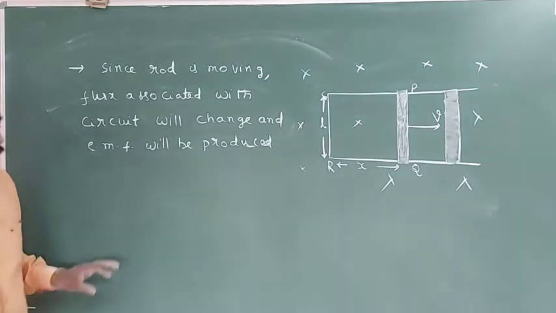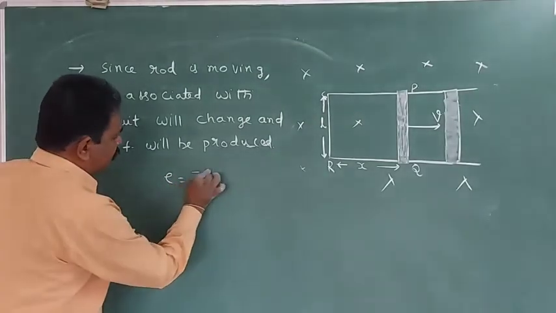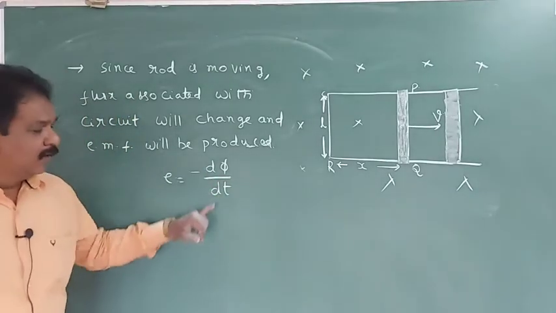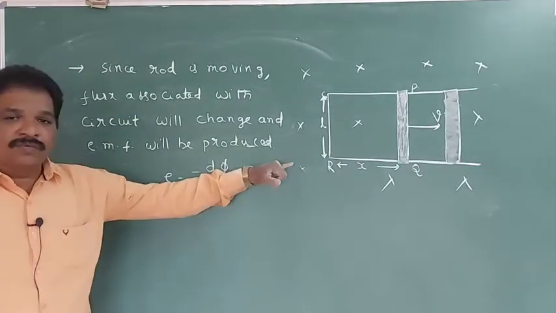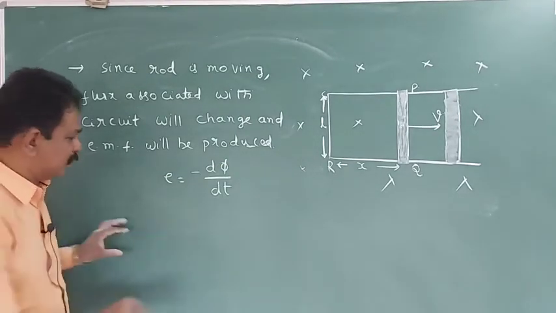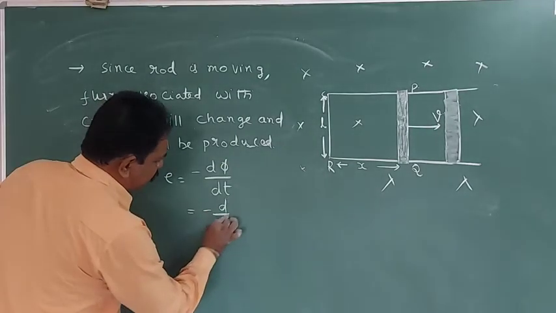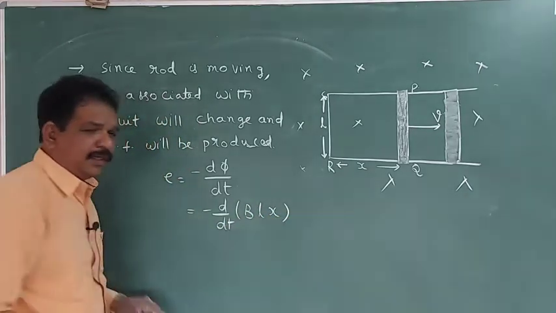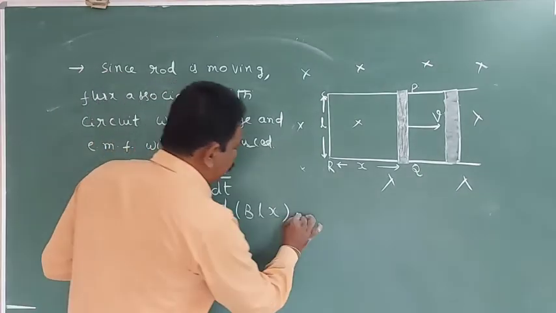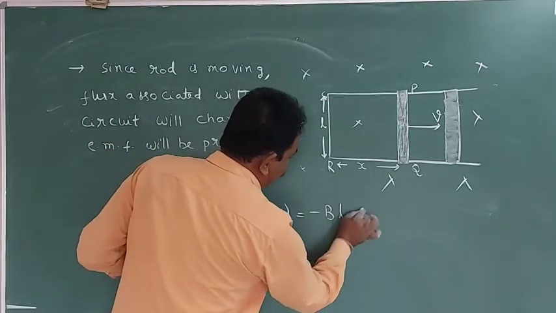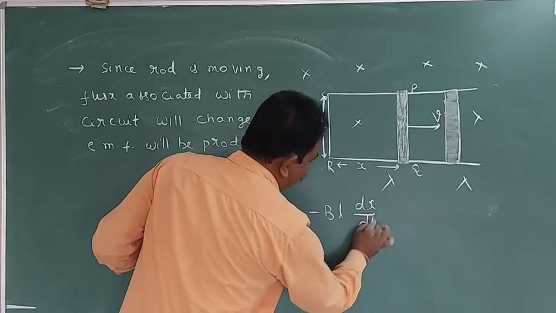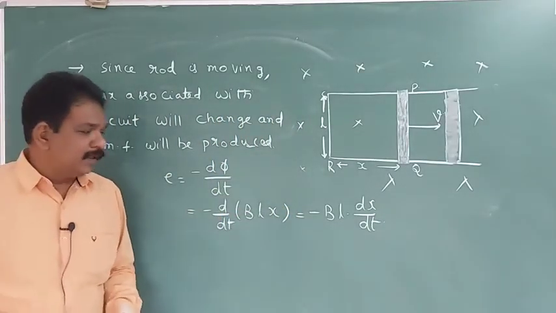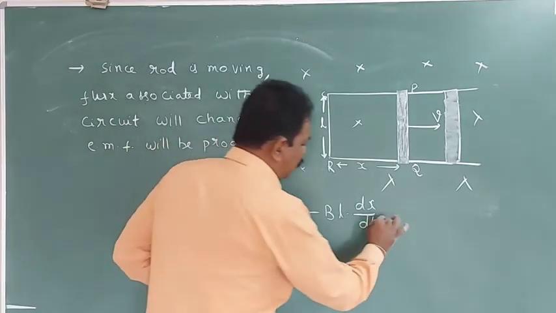So what is the EMF induced? E is equal to minus dΦ by dt. Φ we already wrote as BLx. So E is equal to minus d by dt of BLx, so this value is minus BL into dx by dt. dx by dt is nothing but the velocity of the rod.